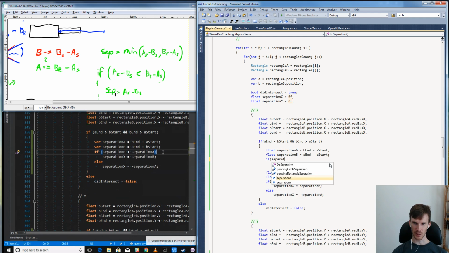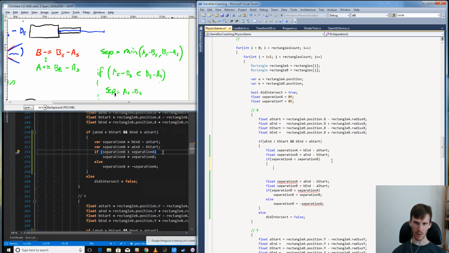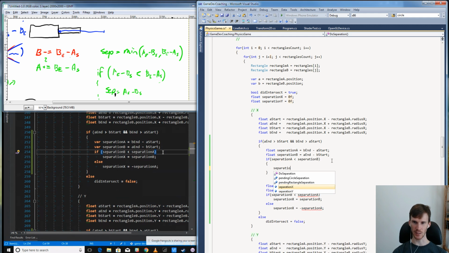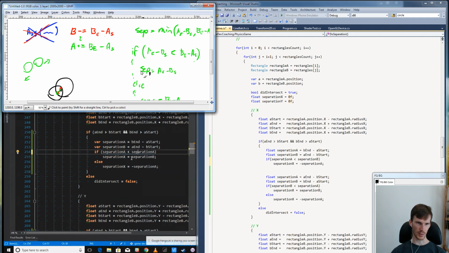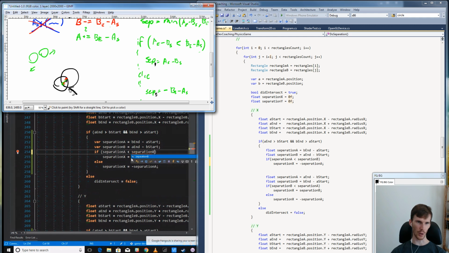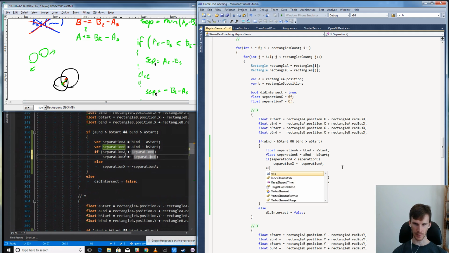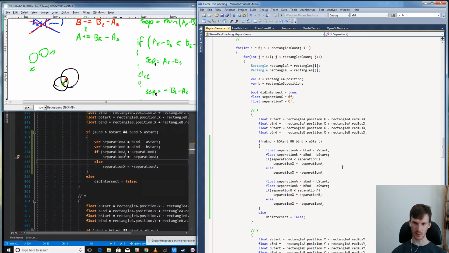If separation A is smaller, then we want to choose that one. But we never want to separate A, so it's separation X equals negative separation A. And that's kind of just a convention. If we're always separating B, then we know which direction we're in. We can divide it up later based on the mass and stuff. Otherwise, separation X is just separation B.